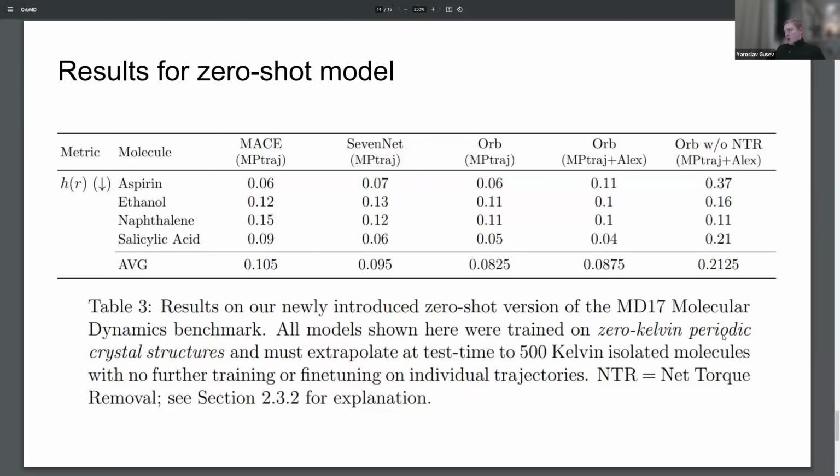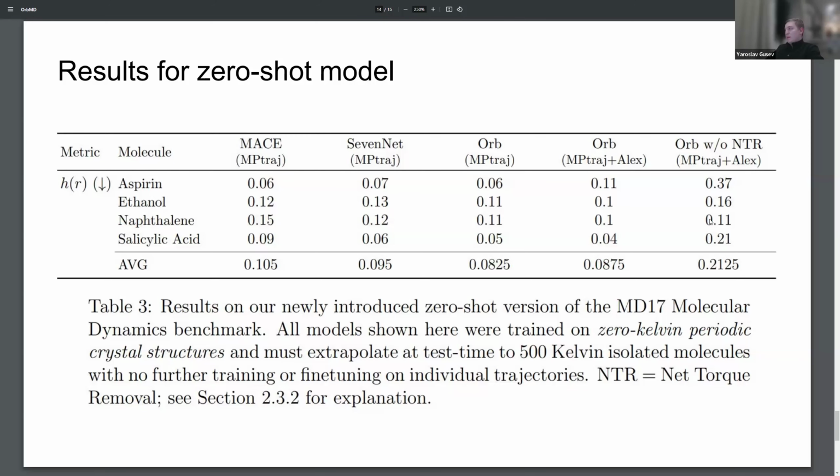I'm not so sure, they trained their models for some other systems with periodic conditions, and then they apply those trained models to other molecules that are completely outside of the training dataset, and they achieve some nice results here, with comparison to the other methods.